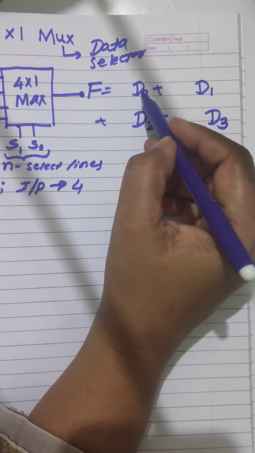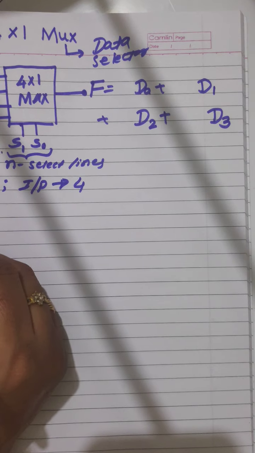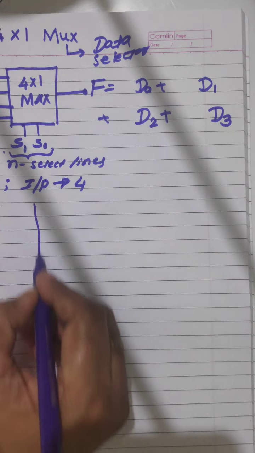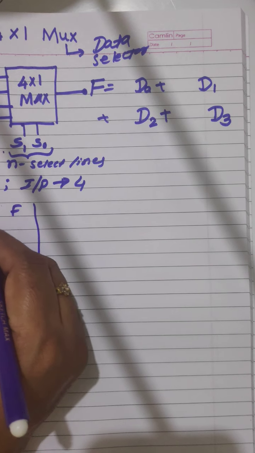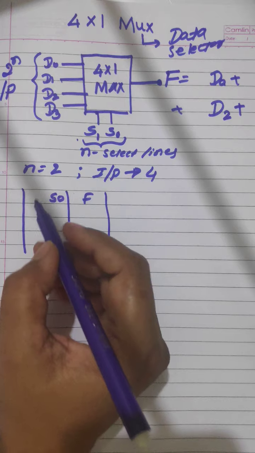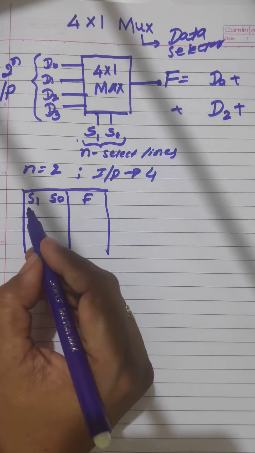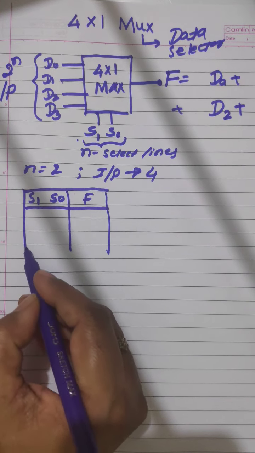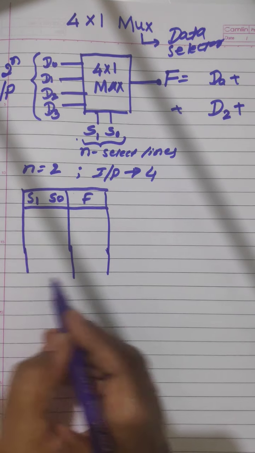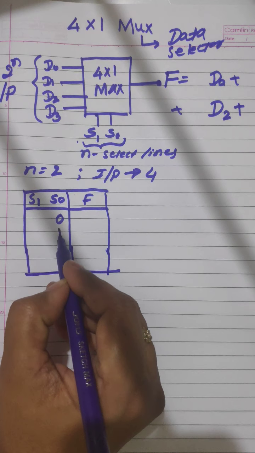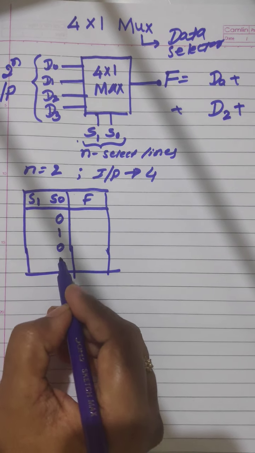So for that, let us build a truth table. The output F is dependent on the select inputs S0 and S1. Since 2 inputs are there, we are going to have 4 combinations. How do we build it?